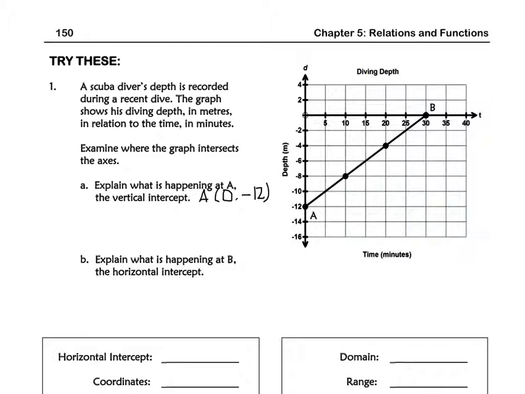So if you had to interpret that, you would basically say that at the start, the diver is 12 meters below the surface. So at time equals 0 minutes, the diver is at negative 12, which would be 12 meters below the surface.